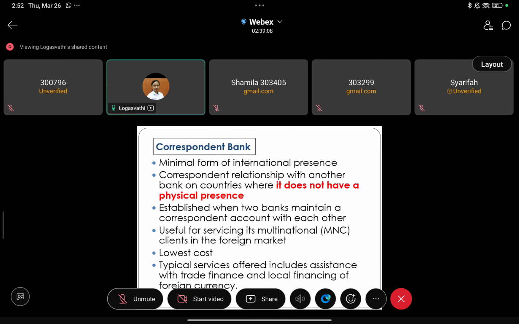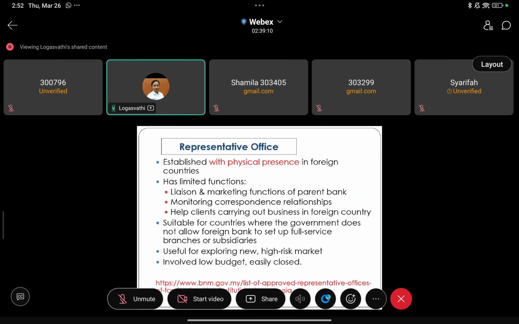Representative office. A representative office is like a physical appearance in the foreign country. It's just an office representative with limited activities. Normally, a representative office is to explore a new market in a country with a high risk market or something like that.